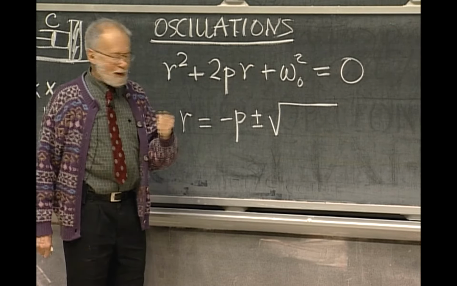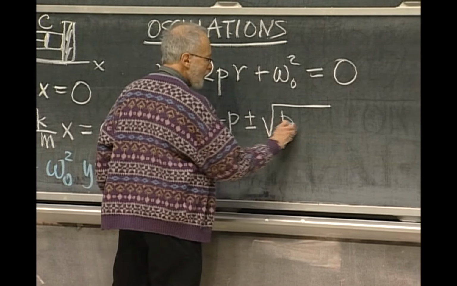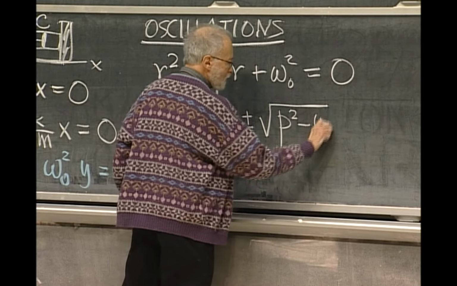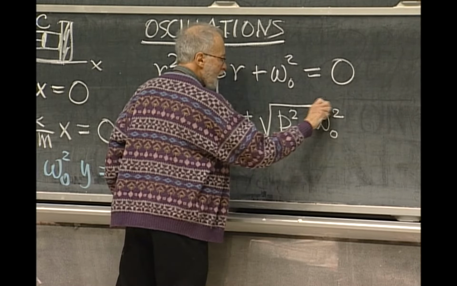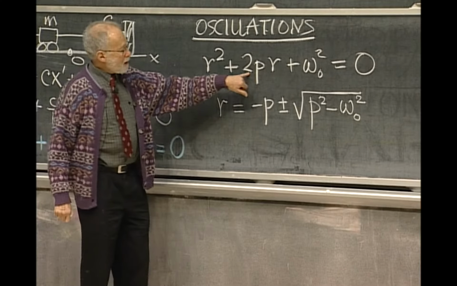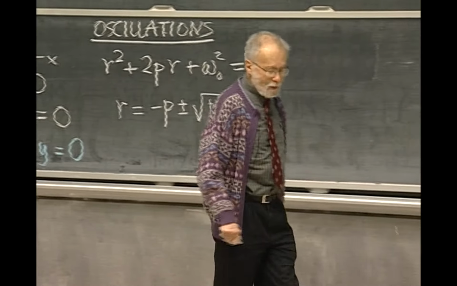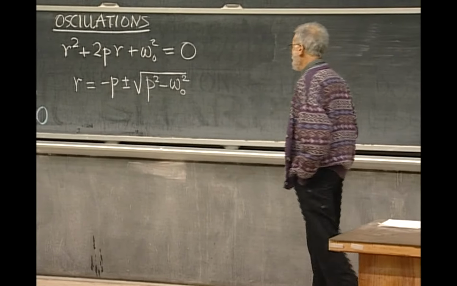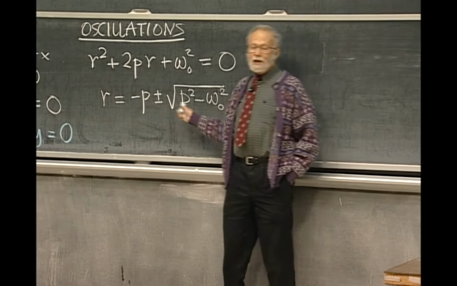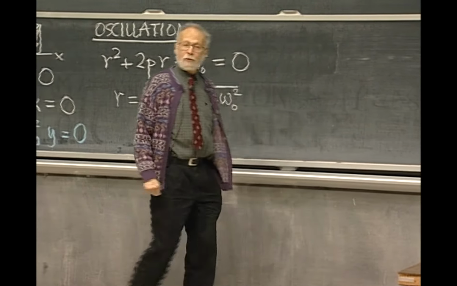So that 2 disappears entirely, and what we're left with is simply p squared minus omega naught squared. Whenever people write quadratic equations and arbitrarily put a 2 in there, it's because they're going to solve using the quadratic formula, and they don't want all those 2's and 4's cluttering up the formula.